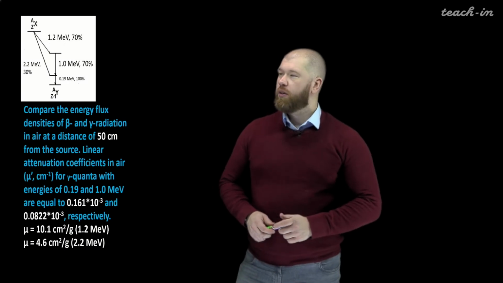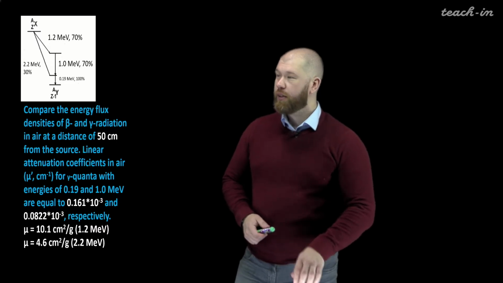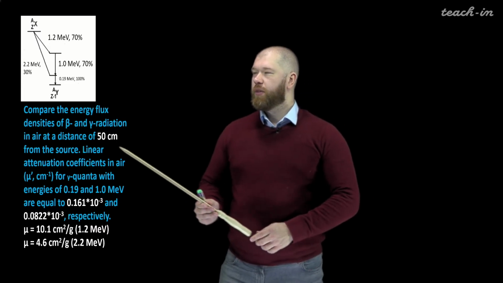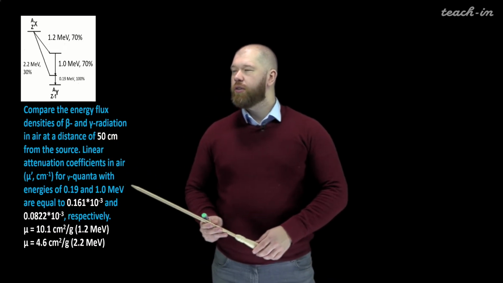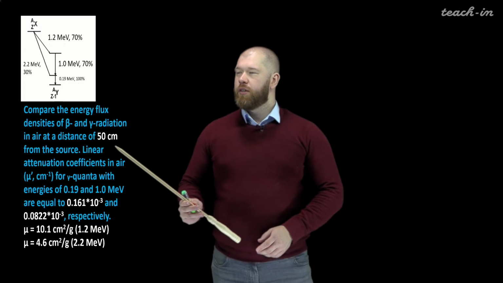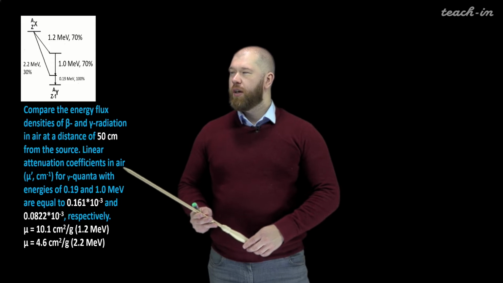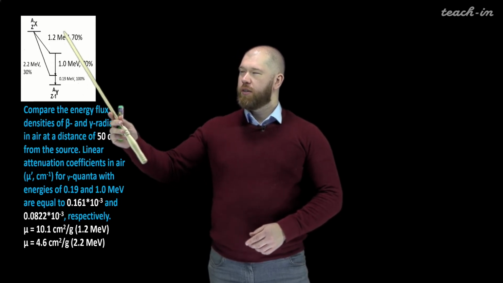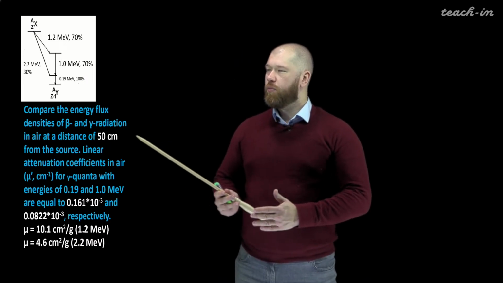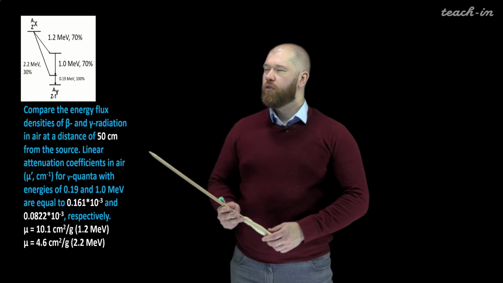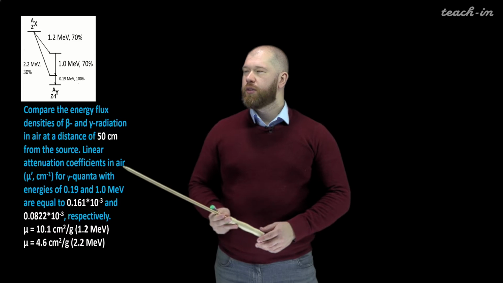So the next task is to compare the energy fluxes that are created by beta particles and gamma radiation in air, again at a distance of 50 centimeters from the point source. And this is the diagram that shows us the energy of particles that are released, and the yield of these particles.